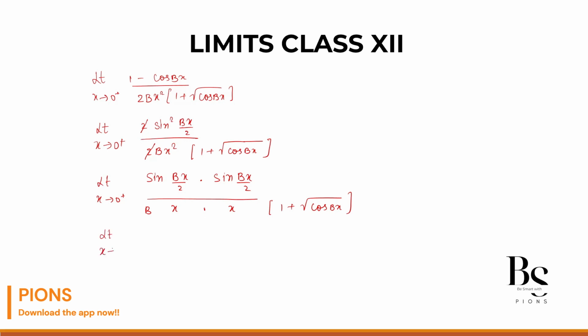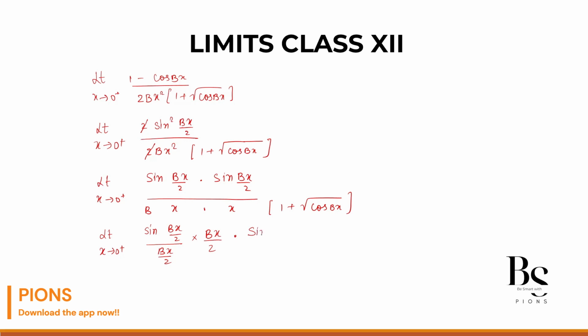So here limit x tending to 0 positive, sine bx by 2, pay attention now, upon bx by 2, into bx by 2. What am I doing?